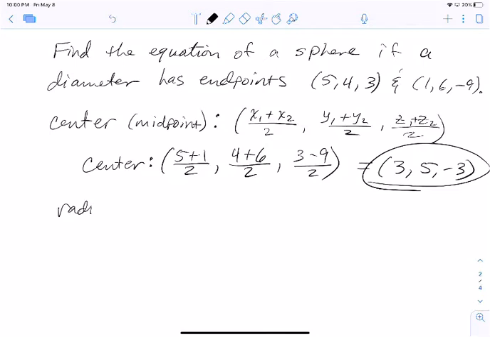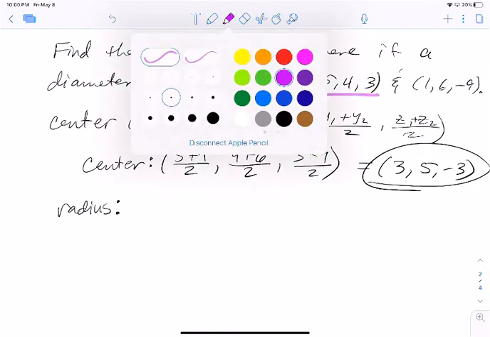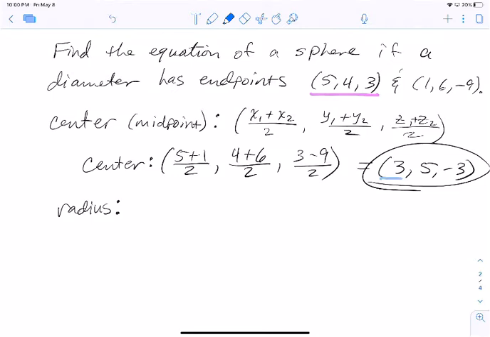As for the radius, what I'm going to do is use one of the given points, 5, 4, 3, and then use the center that we just found, 3, 5, -3. And we're going to use the distance formula between these 2 points, but we'll tweak it a little bit. The equation for the sphere that we're after is x minus h the quantity squared plus y minus k the quantity squared plus z minus l the quantity squared is equal to r squared.